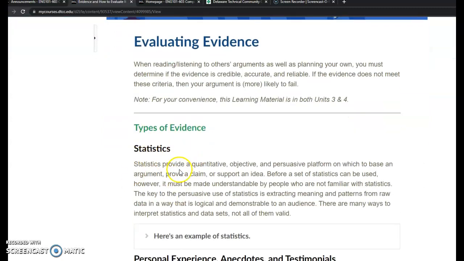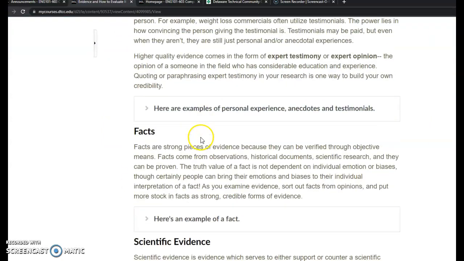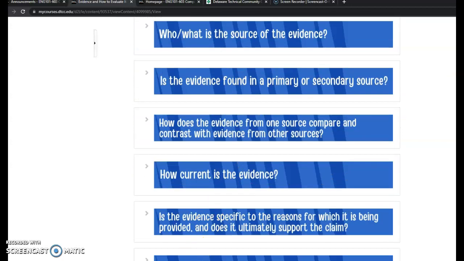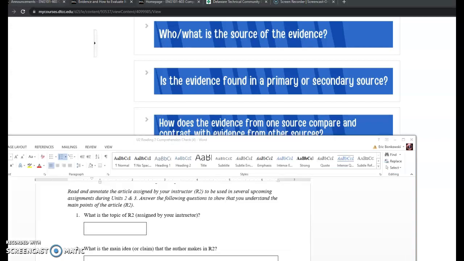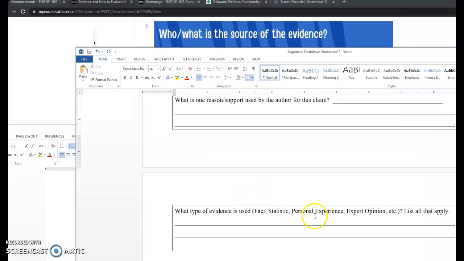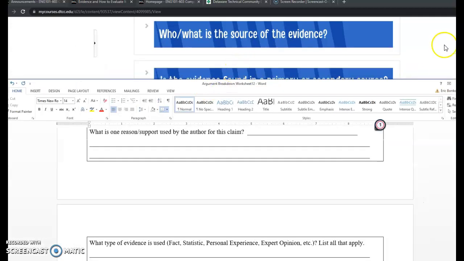And it goes over some of the descriptions of the different types of evidence that are mentioned here in the worksheet itself. If you don't see one of them, if you're like, oh, I don't really understand what's meant by something like expert opinion, or you want to know more about expert opinion, Google it.